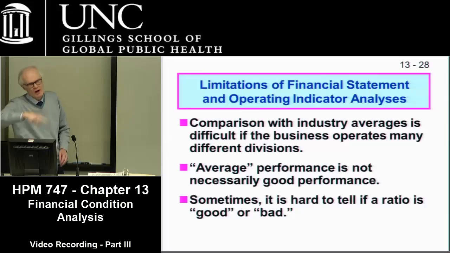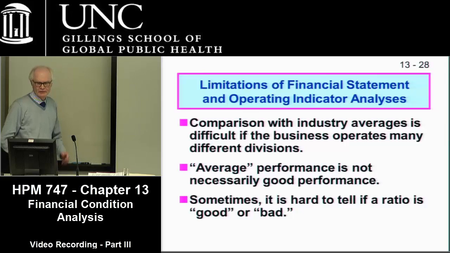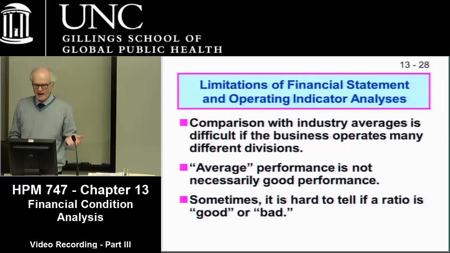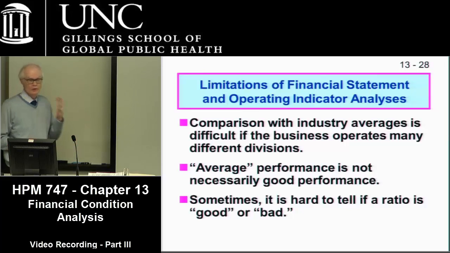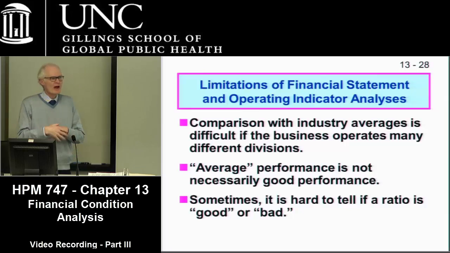The averages go up and they go down. Sometimes it's hard to tell if a ratio is good or bad. Is an average collection period of 40 days worse than 30 days? But again, it depends on what's happening. If you've just gone to NC Tracks, it's probably doing pretty well.